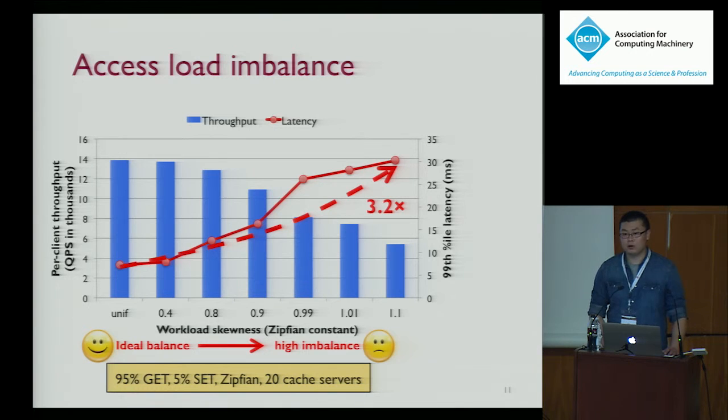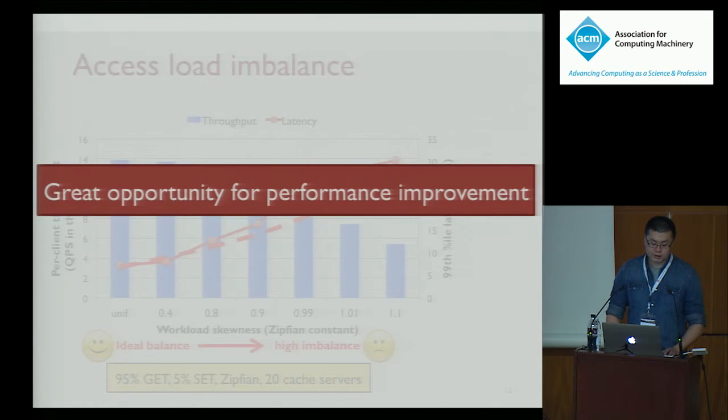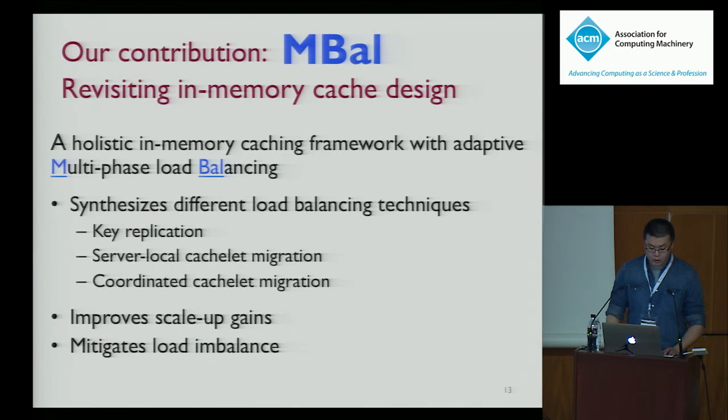Well, this is both bad news and good news. It's bad news because the performance is pretty sensitive to the workload skewness. On the other hand, it's also good news. This is because it demonstrates a great opportunity space for performance improvement of the memory caching system. So based on our study, there's an urgent need for a revisit to the memory cache design.